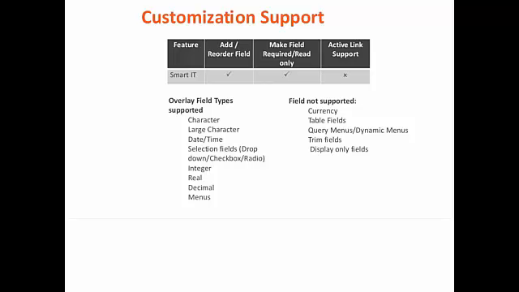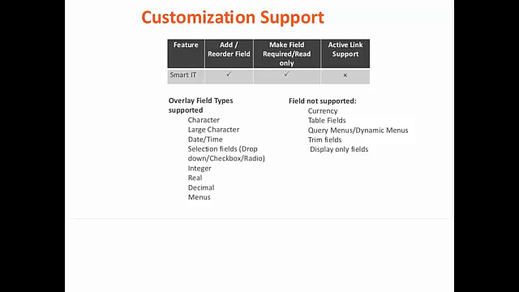Things that are not currently supported within the Smart IT environment are currency fields, table fields, and more complex menus that are dynamic, meaning that they're building up on top of other data within the system or other fields that are populated by menus.